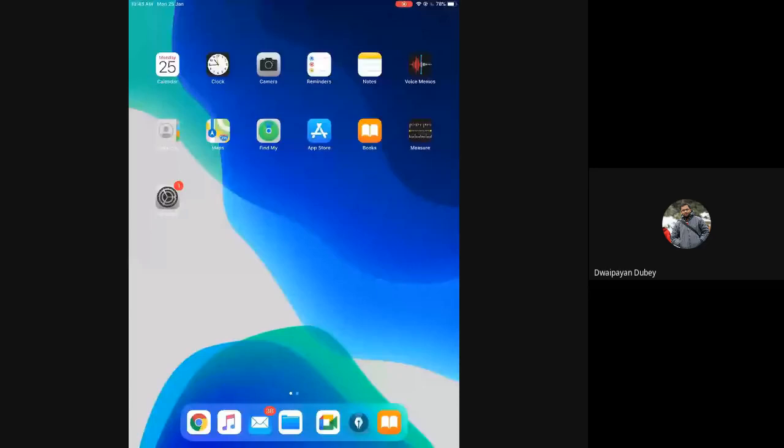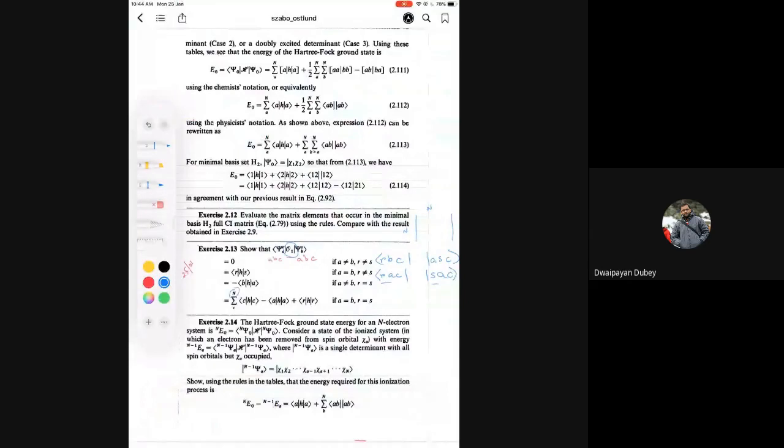Okay, let's see how we apply it over here. It will probably make things clear. So now what is happening? A is not equal to B. I had A, B, C in order, and I have replaced A with R. B and C remain the same because B is not equal to A. And I have replaced B with S, but S is R. So I am writing A, R, C. Now in the bra and ket, my R is in a different position, so I have to switch it.